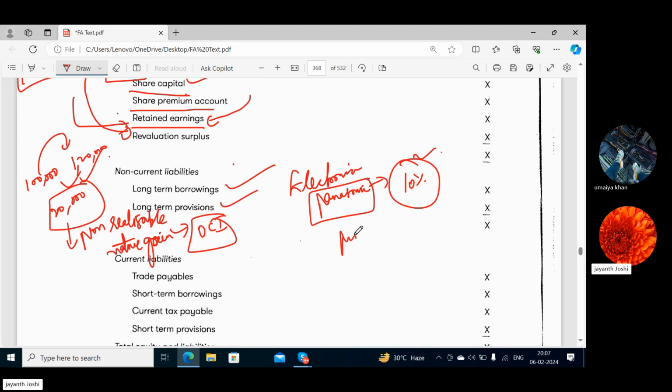So they make a provision every year for that warranty claim. It is a pre-estimated amount you have set aside for obligations you may incur in the future, because it is a part of your business. So, provision for warranty claims.